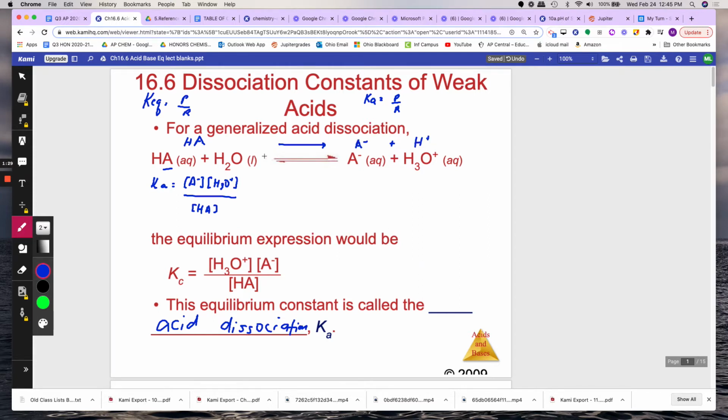Notice I just broke this apart, and that's what acids do. H3O plus is the exact same thing as the H plus, just a shorthand way of writing it.